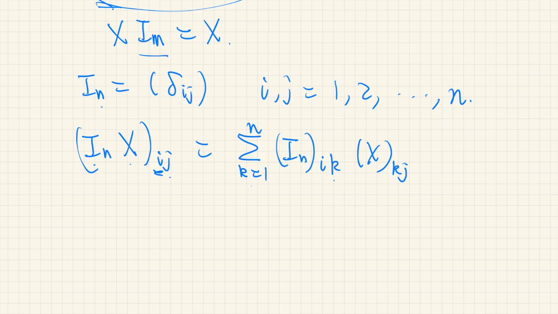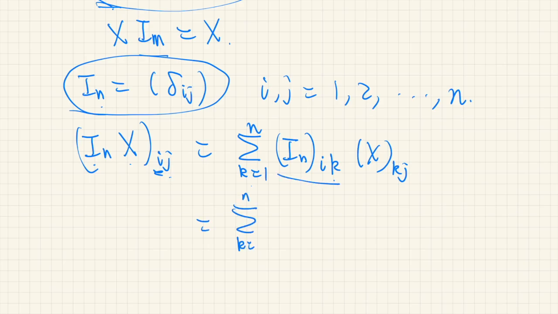By the definition of the identity matrix, this is equal to delta ik, because it's the ik element of the identity matrix.